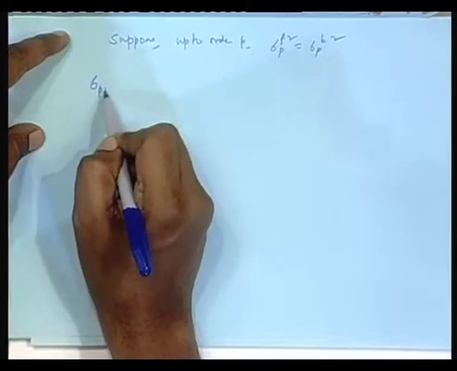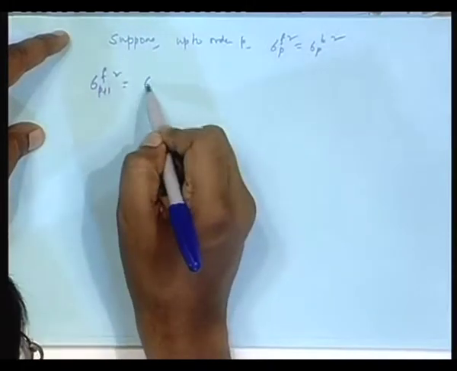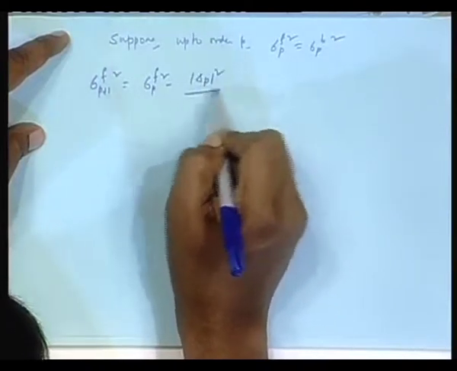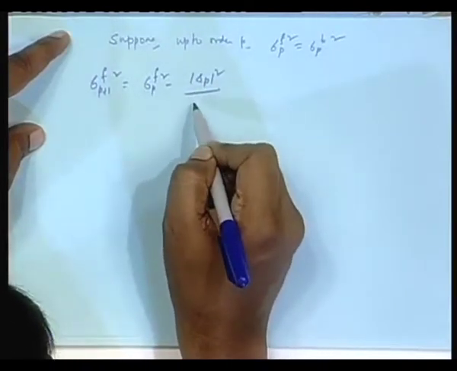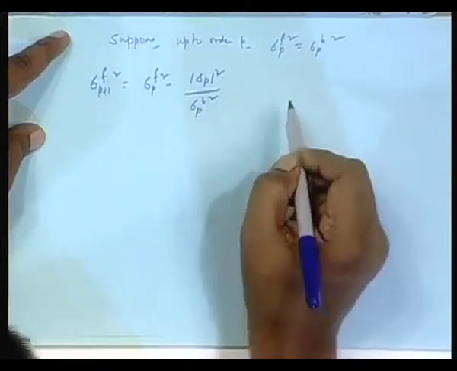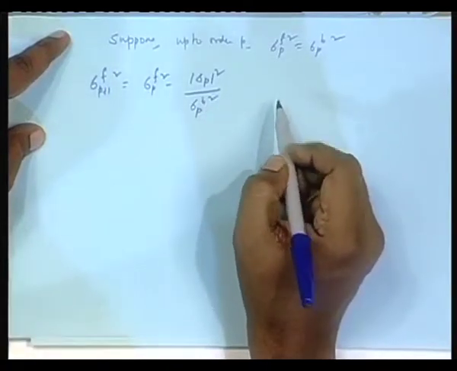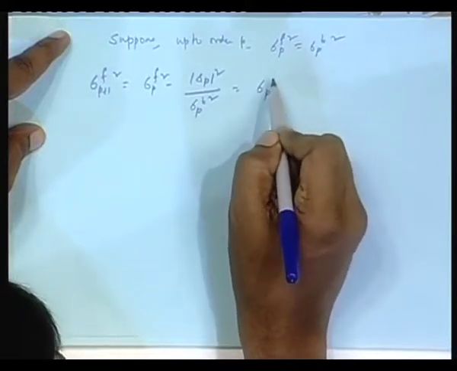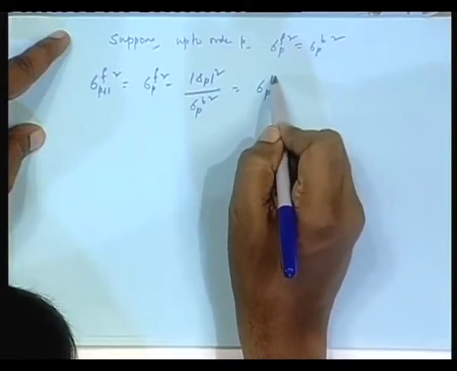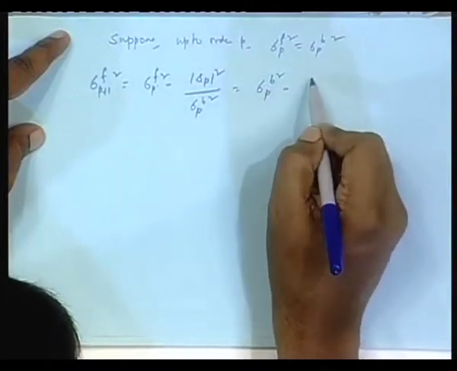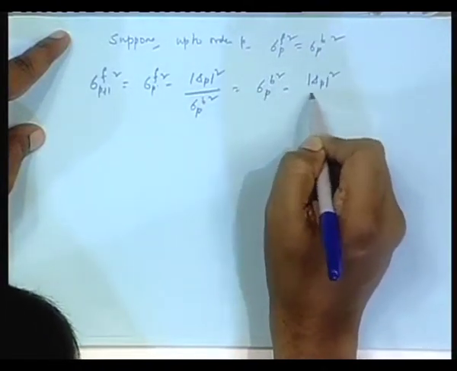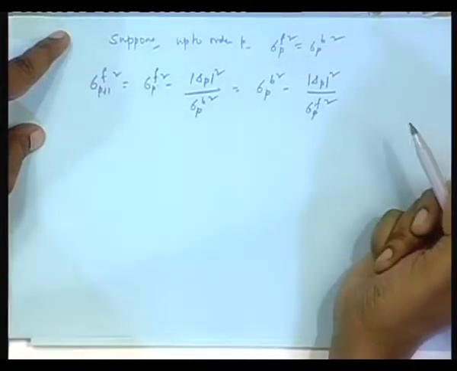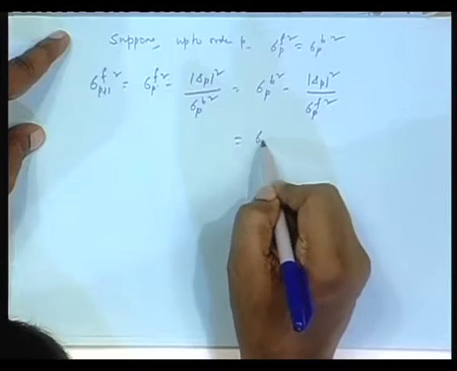Then we already found out this formula. This we have already derived, just now we have derived, and these two are same. So, you replace this guy by this guy. So, this is same as what we got.